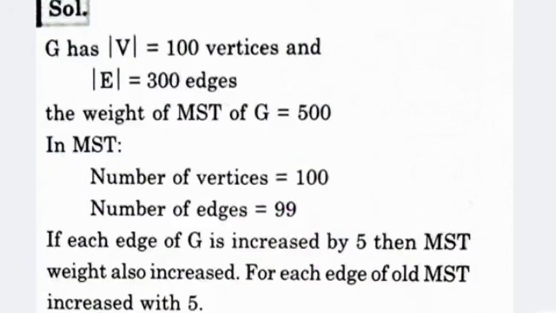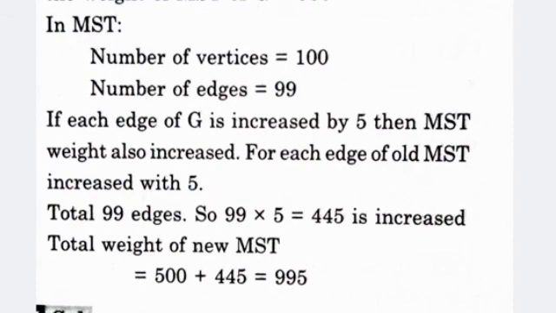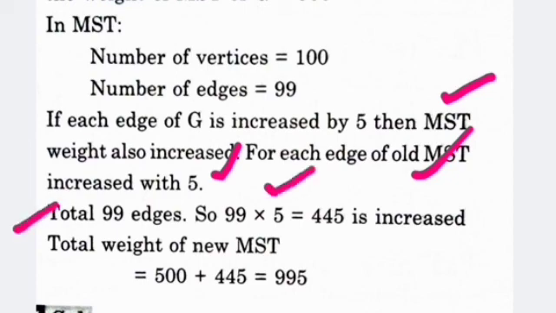Now if each edge of G is increased by 5, then the minimum spanning tree weight increases by 5 for each edge of the old minimum spanning tree. So with 99 edges, 99 into 5 is equal to 495 increase. Then the total weight of the new MST is equal to 500 plus 495, which is equal to 995. That is the correct answer.